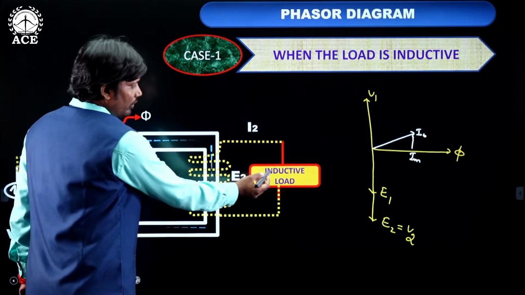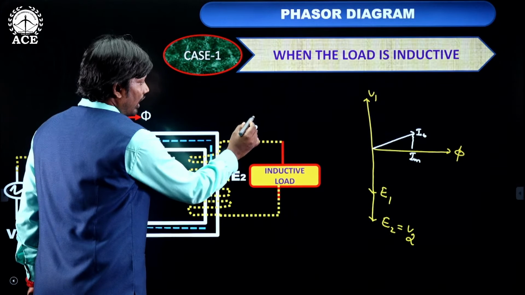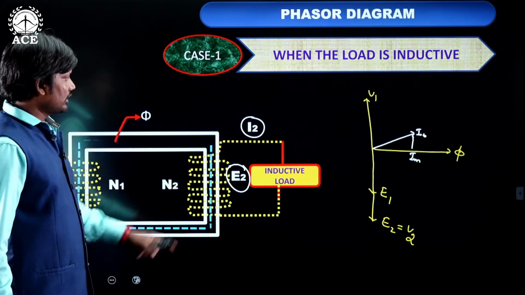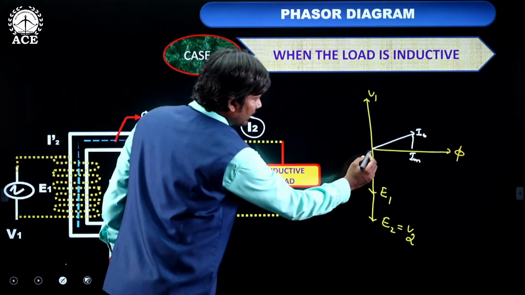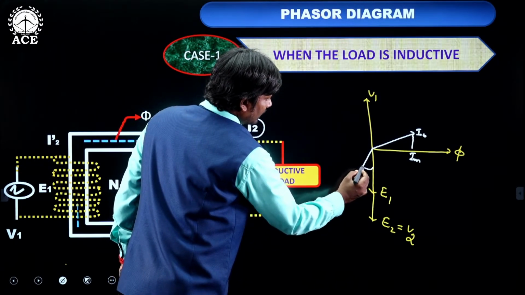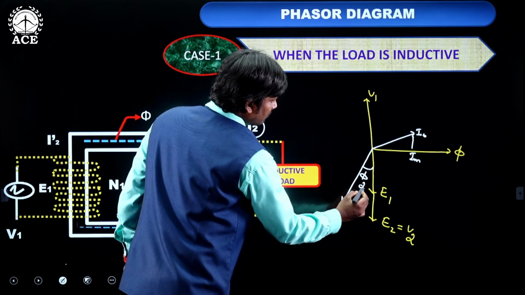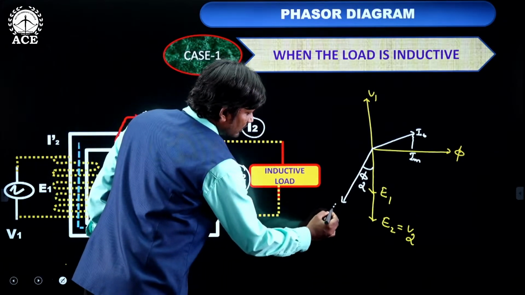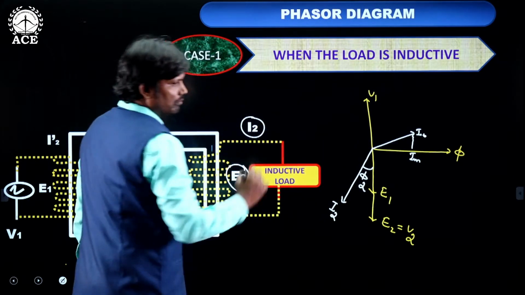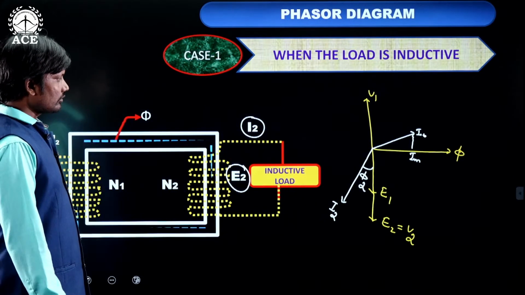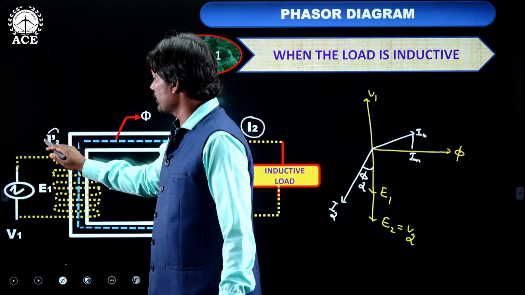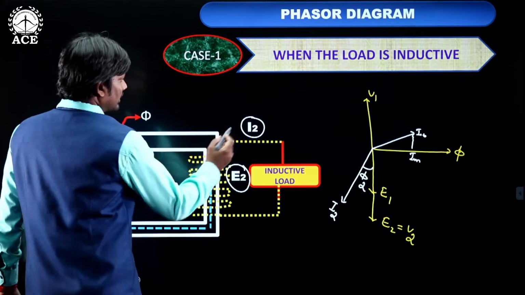So when the load is inductive, the current I2 lags E2. It is lagging, which means it will come somewhere on this side of E2 at an angle phi 2. This is I2. I2 lags E2 at an angle phi 2. Now we know this I2 dash is opposite to this I2.